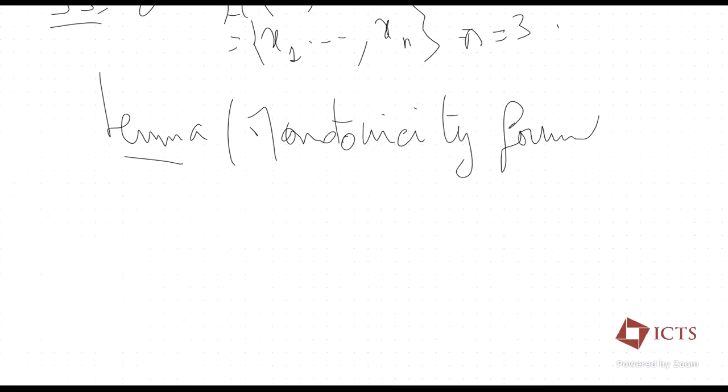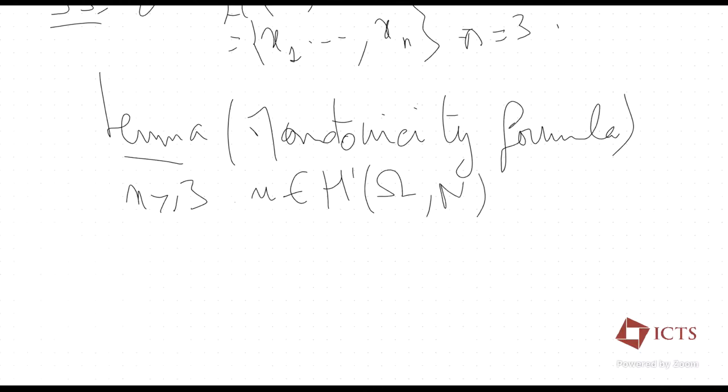So the monotonicity formula is the following. Let's take n bigger than 3. I will always take a map from a Euclidean ball, because it's a local result, so there is no problem in assuming that there is no curvature in the domain, and minimizing, of course.